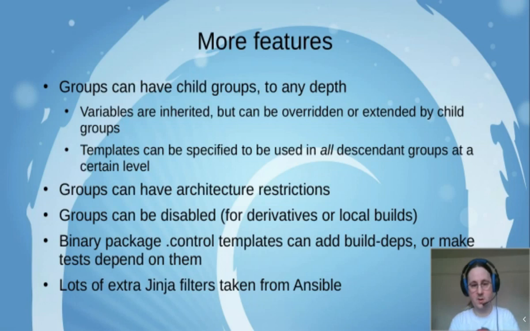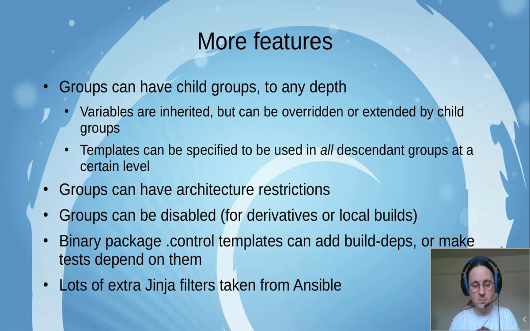You can disable a group completely, which I think obviously you could completely delete a group, and that would prevent building those packages that the group describes. But if someone's maintaining a derivative or a local build, then it's going to be more useful if they can just disable the group by adding a line, and that should reduce the frequency of conflicts when they pull a later upstream version.